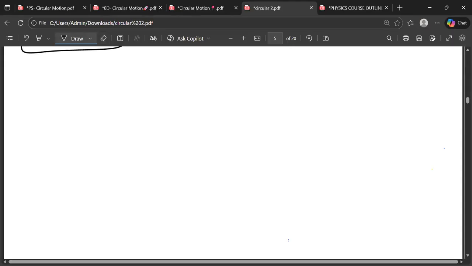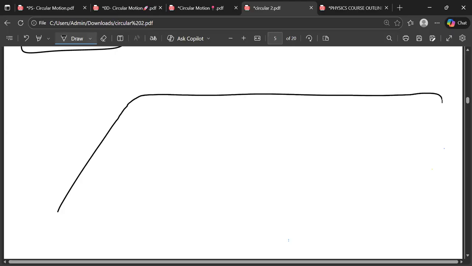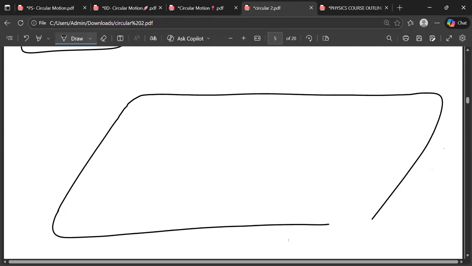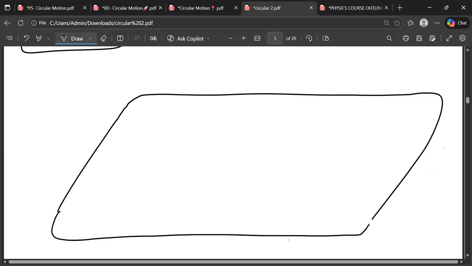Okay. So this is a smooth horizontal surface.